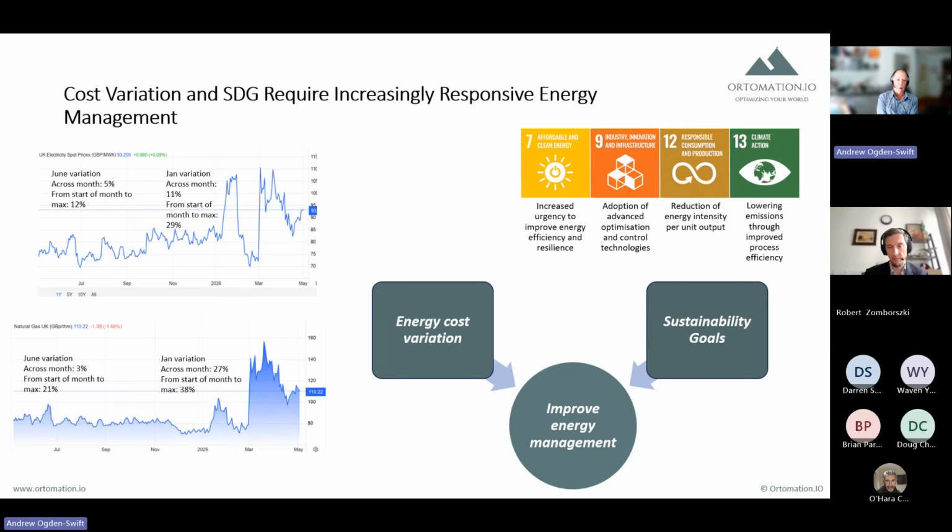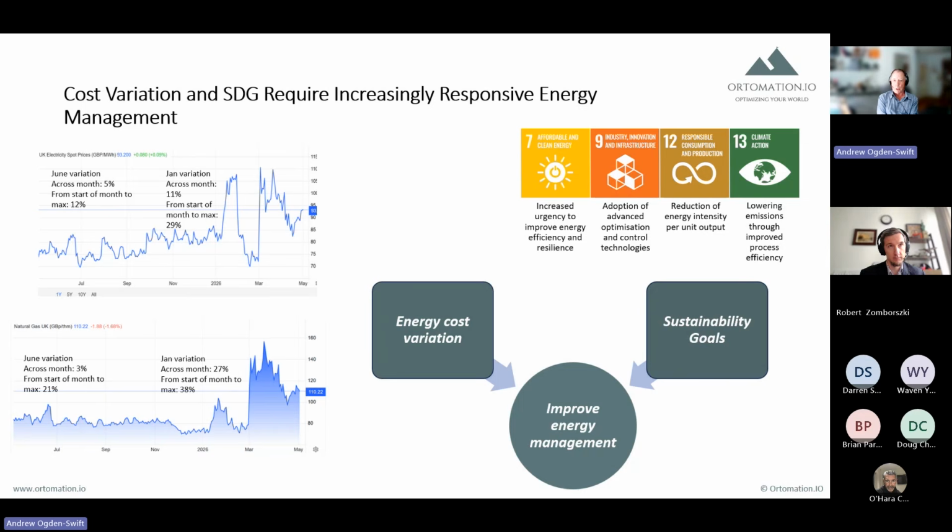But there are also short-term variations, and you can see these very well highlighted in these graphs. The top is UK electricity spot prices, and the bottom is natural gas prices in pence per therm. You can see variations, for example, in electricity prices of 5% across the month, but from the start of the month, the maximum of 12%, and that was in June of last year, and then in January even higher. From the start of the month, the maximum almost 30%, and similar sorts of variations on natural gas prices.